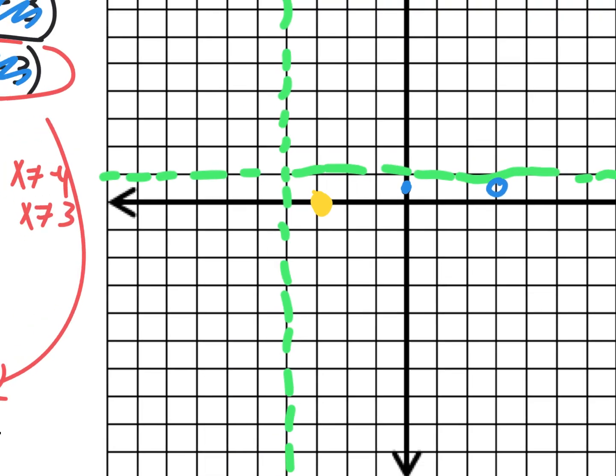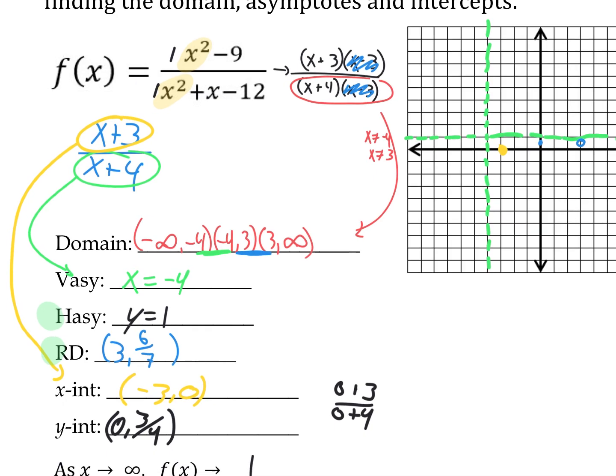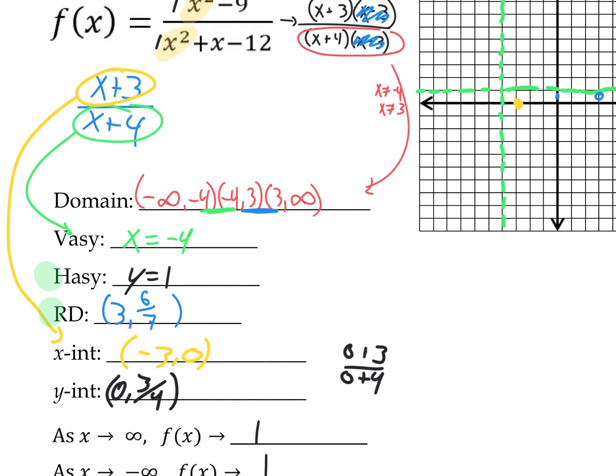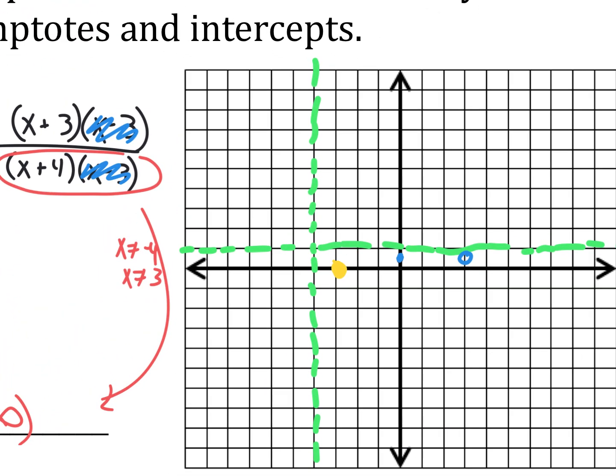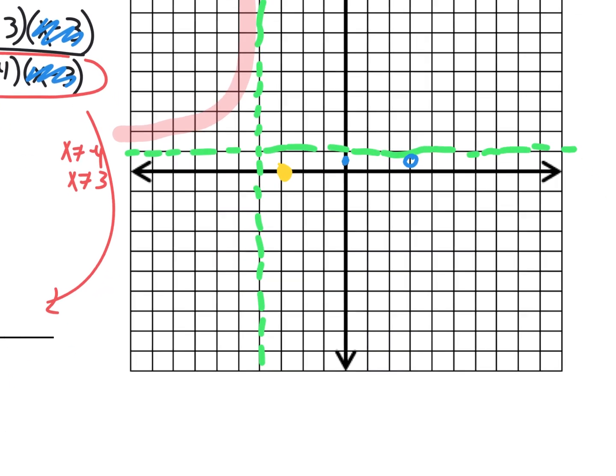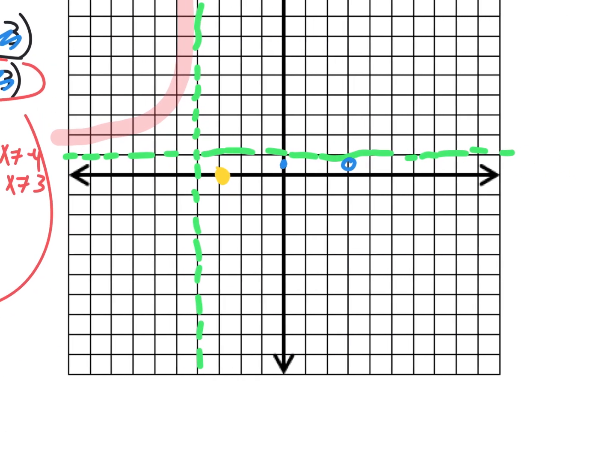It'll be 3/4. And that's about it. So if we graph this, it's going to be a rational function, so we're approaching our asymptotes. As we get closer, we mirror and mimic those asymptote behaviors. So this is what my graph is going to look like. Should be arrows on the ends of those two.